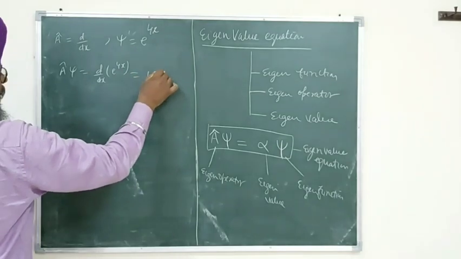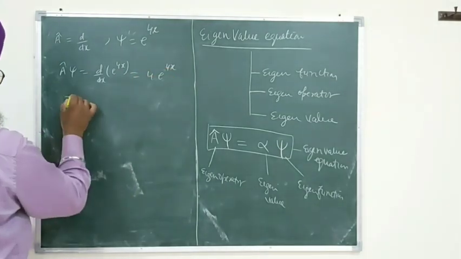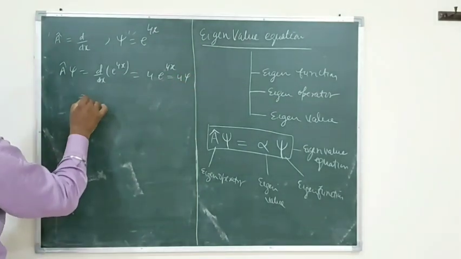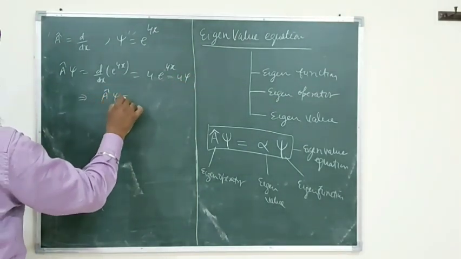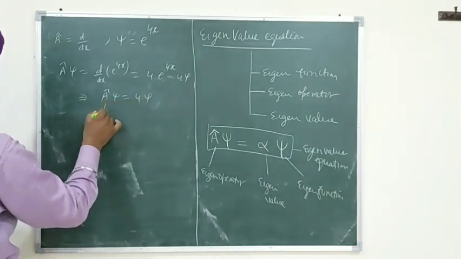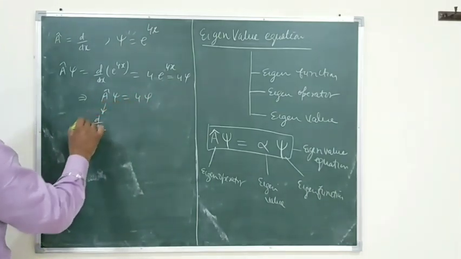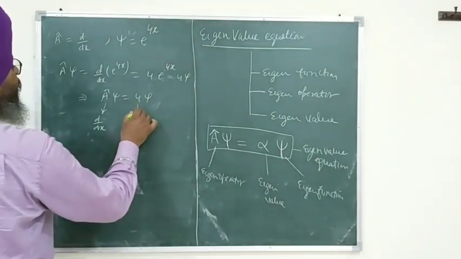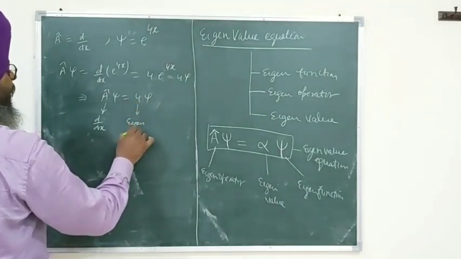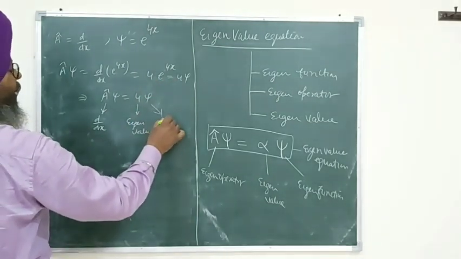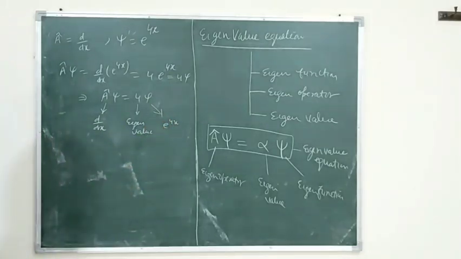It will be 4 e raised to power 4x, so that is nothing but 4 psi. So I can write A cap of psi is equal to 4 psi. This A cap, that is d by dx, is my eigen operator. This 4 is my eigen value, and this psi, that is e raised to power 4x, is my eigen function.